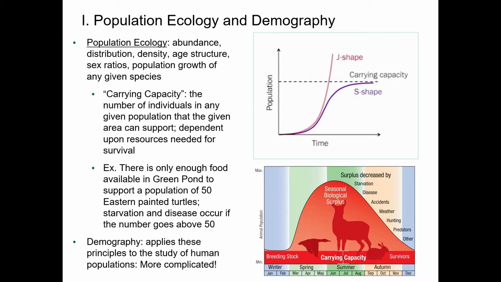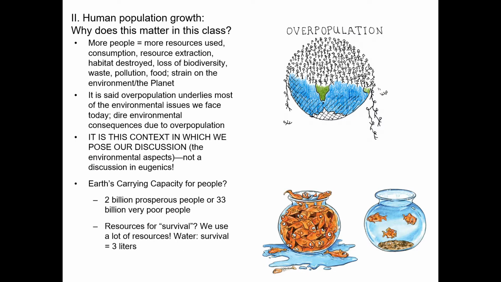So we bring all sorts of other considerations into the party when we apply these same terms that we use in ecology for other species to humans, because humans are extremely complicated critters.